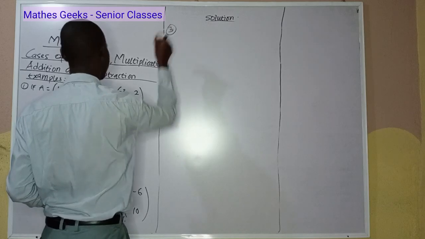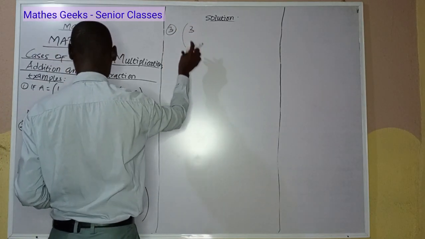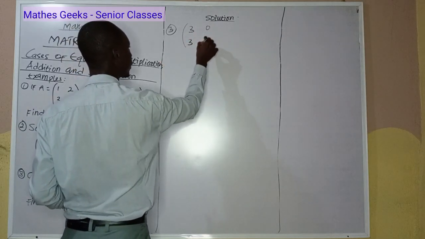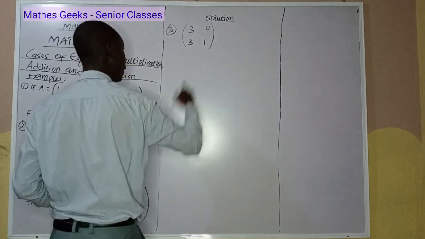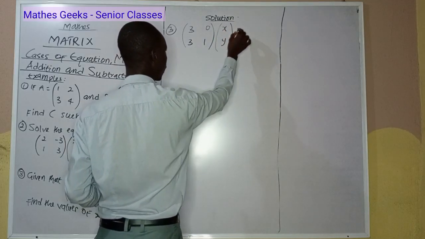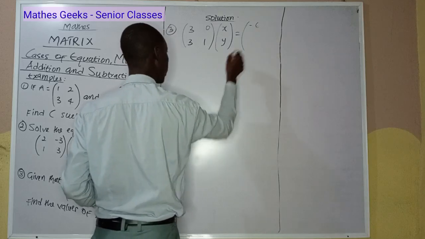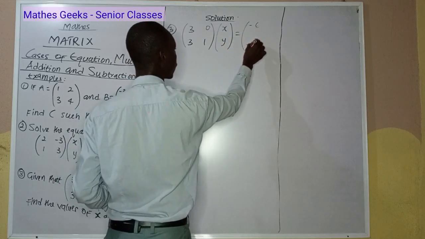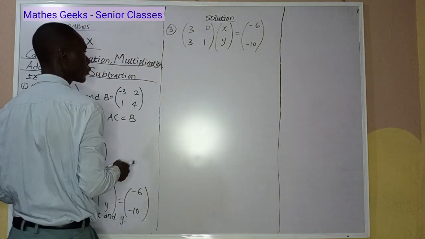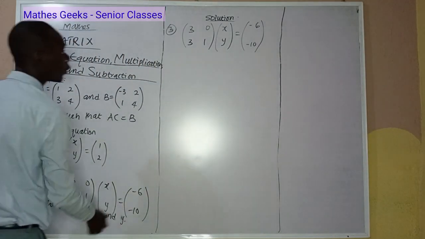And 3. So given that the matrix 3, 0, 1, 3... multiplied by x, y is equal to minus 6, minus 10. Find the values of x and y.